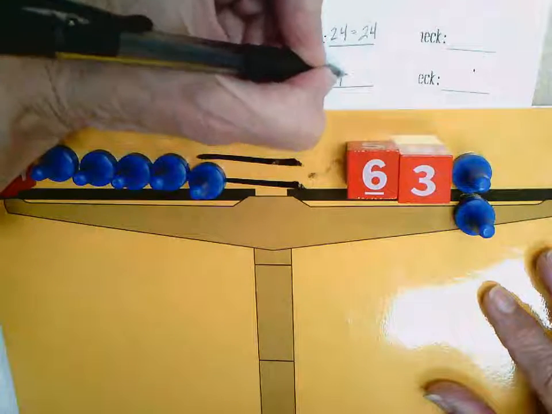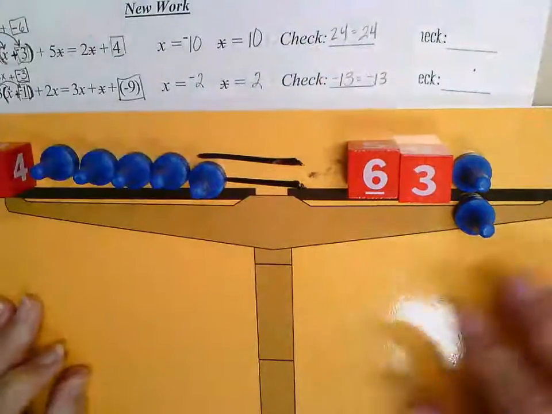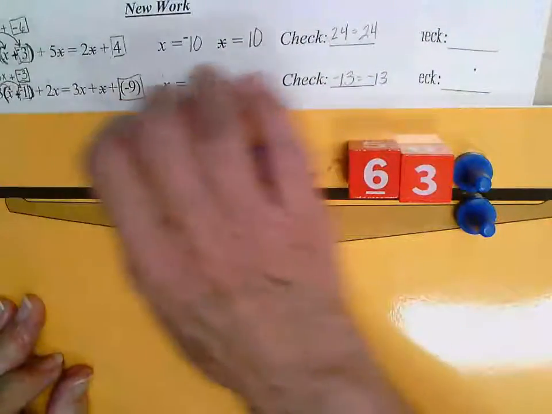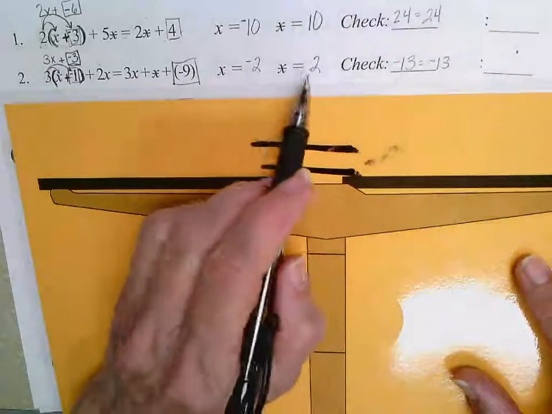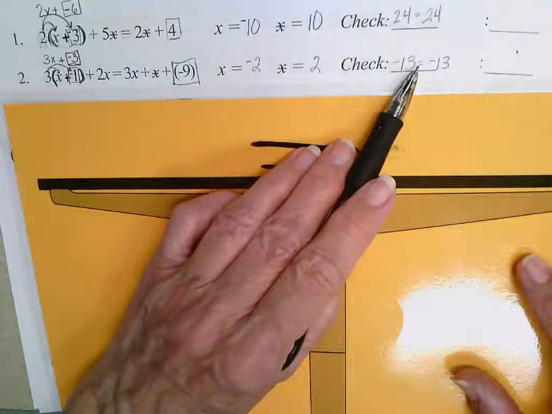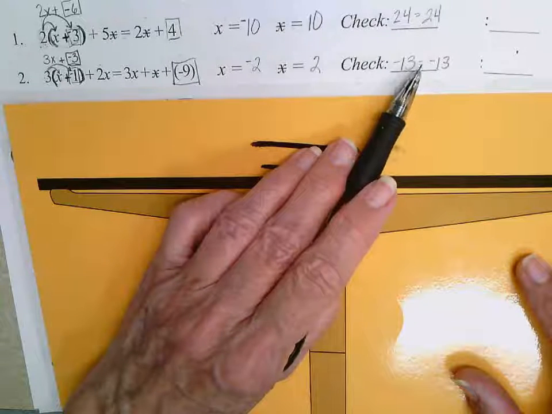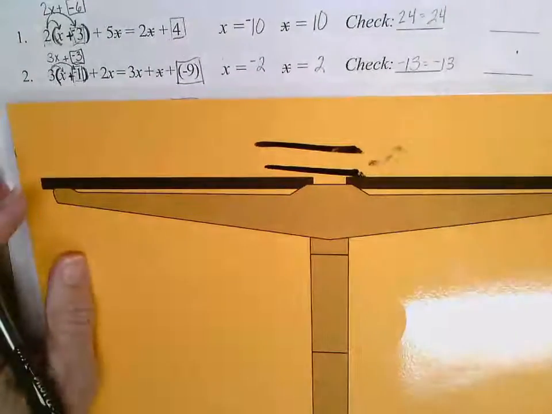So my check is -13 equals -13. So it looks like I did the problem correctly. If when I substitute the values back into my equation, I get an expression that is true, -13 does equal -13, then most likely I've done the problem correctly.